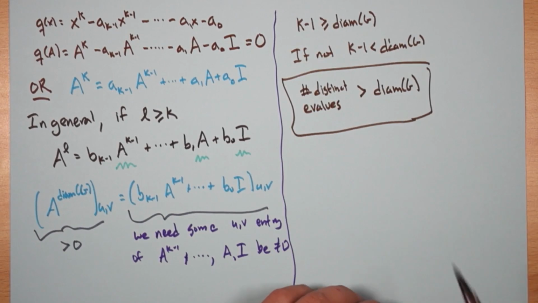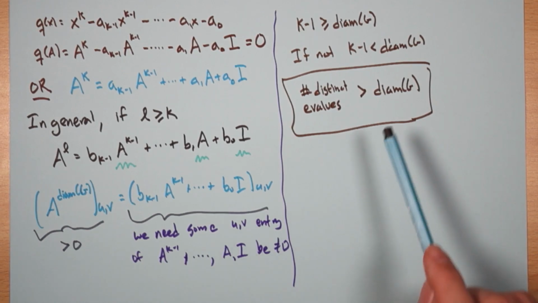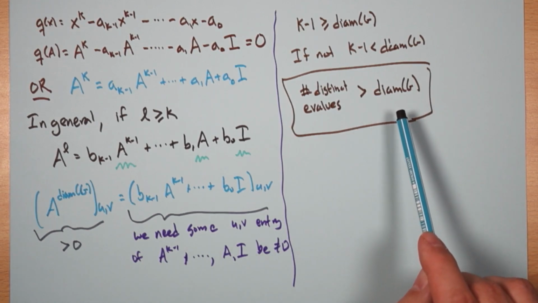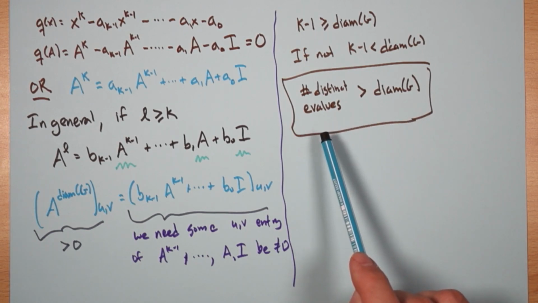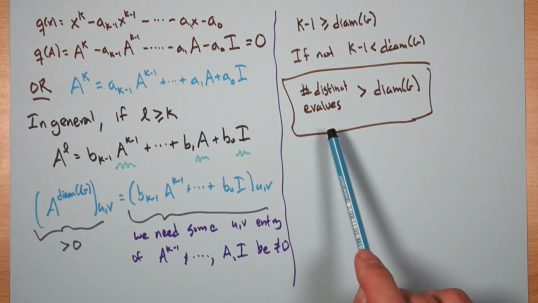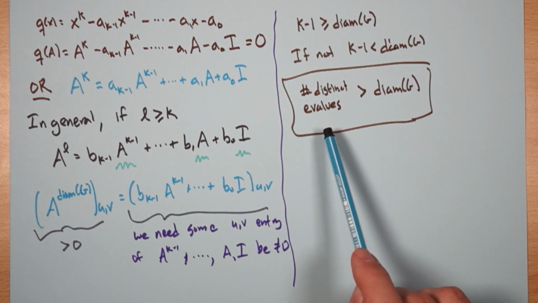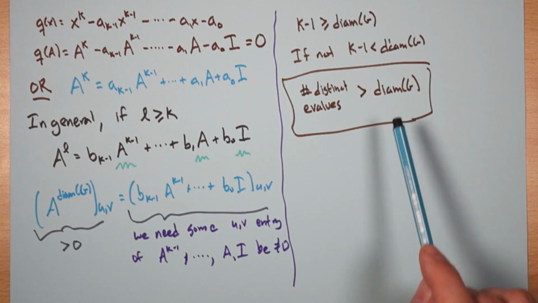And there's our result. All right, so this is a nice relationship. So we say, okay, if our diameter is large, we have to have many distinct eigenvalues. And if our number of distinct eigenvalues is small, well, then our diameter has to be small.